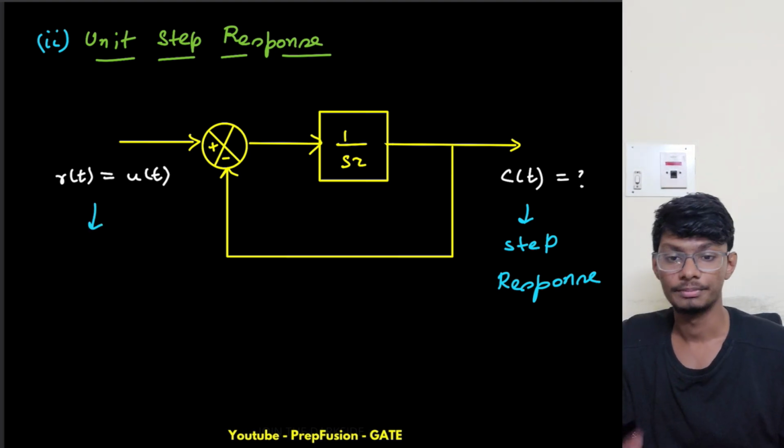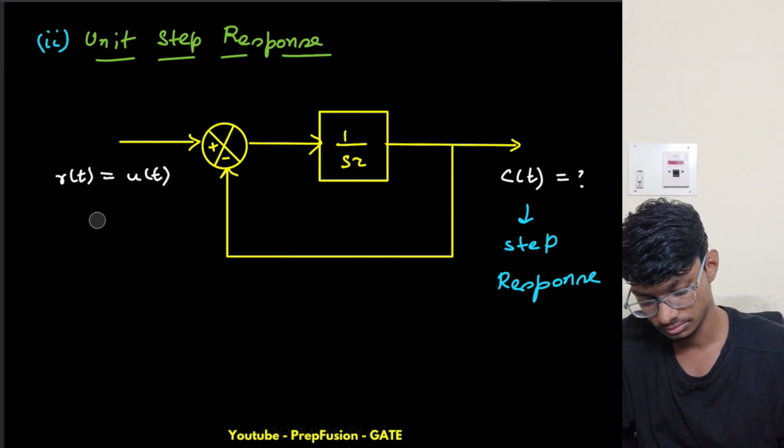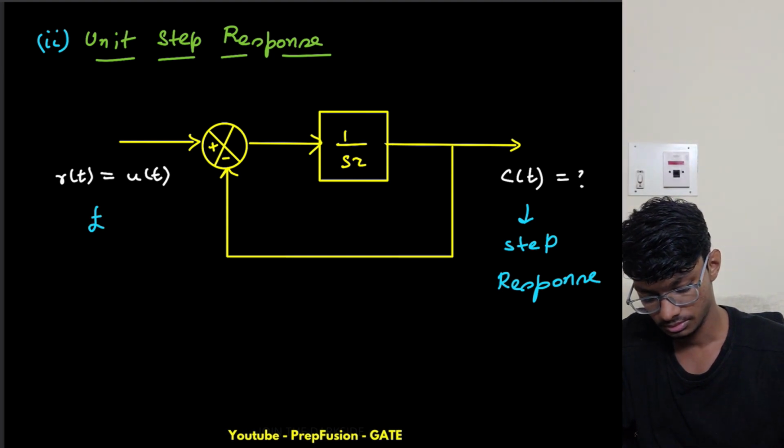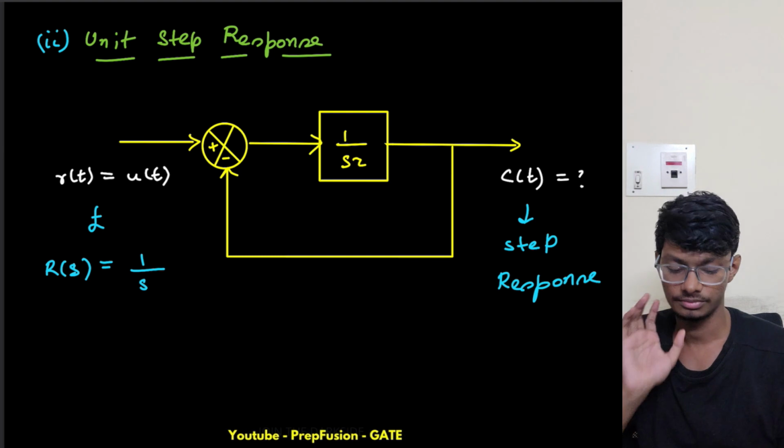This is called the unit step. So what is the Laplace transform of this one? The Laplace transform of this is R of s, which is simply 1 over s.